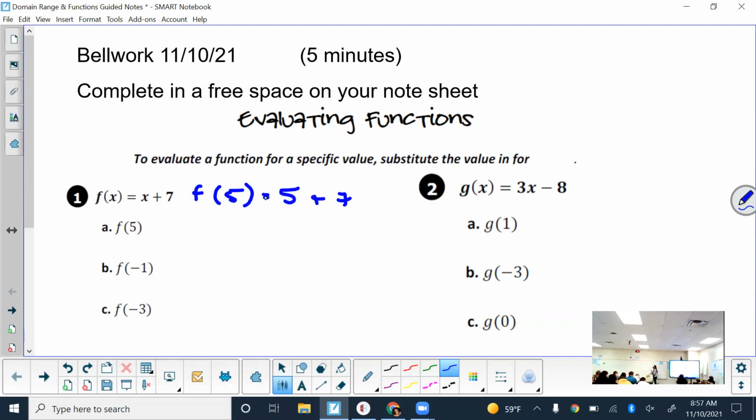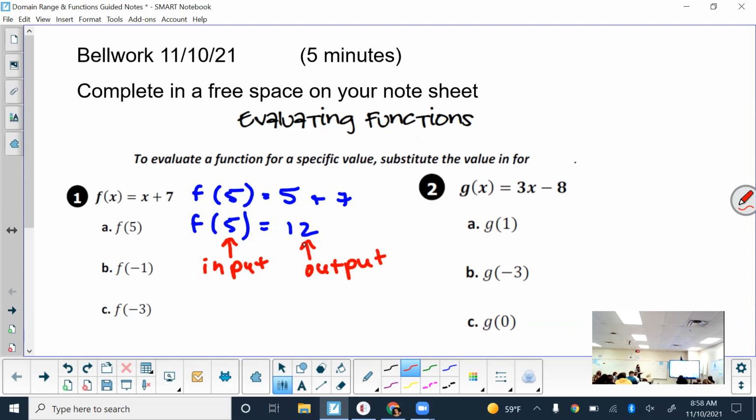Remember, the left side is just notation. It's not f times 5. It's just saying that 5 is my input. On the right side is my output once I simplify it. So what's 5 plus 7? 12. All right, function notation shows you the input and the output.